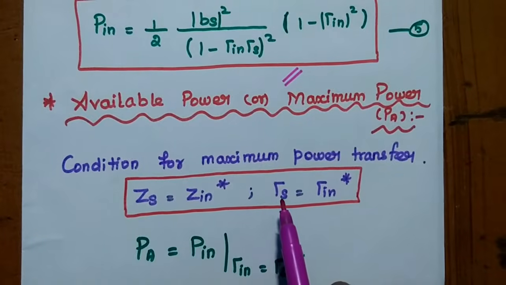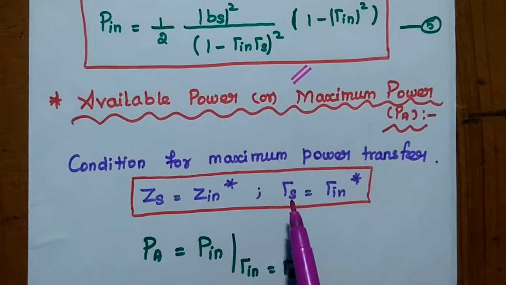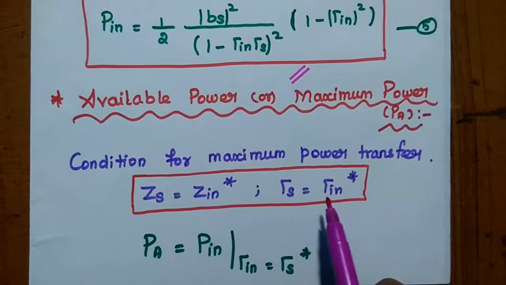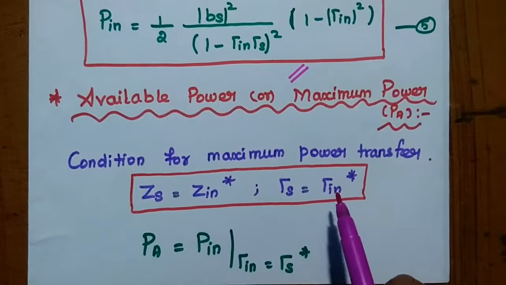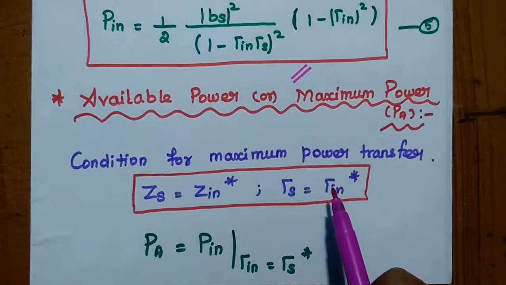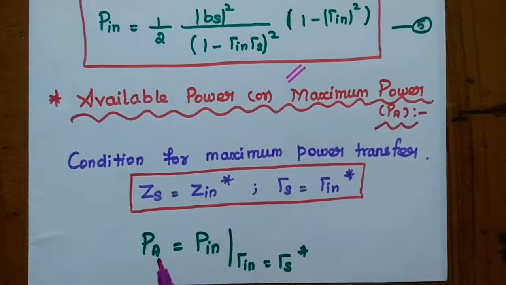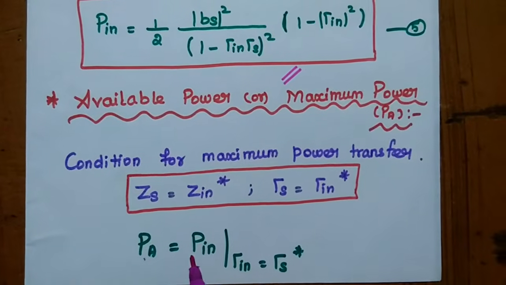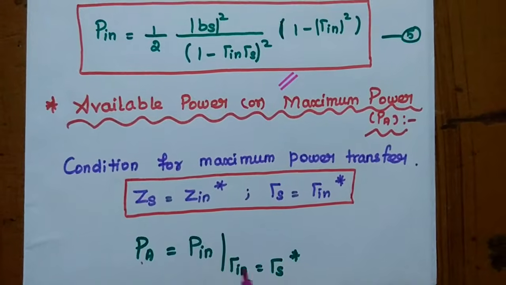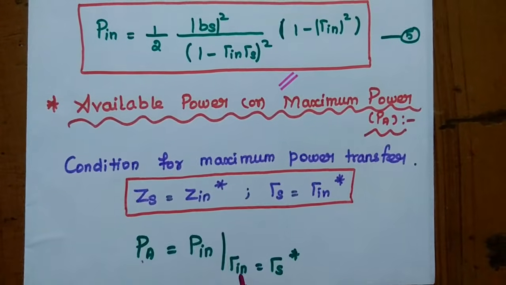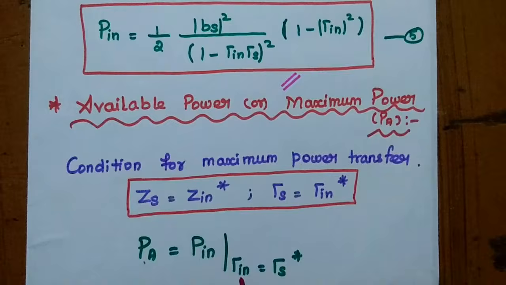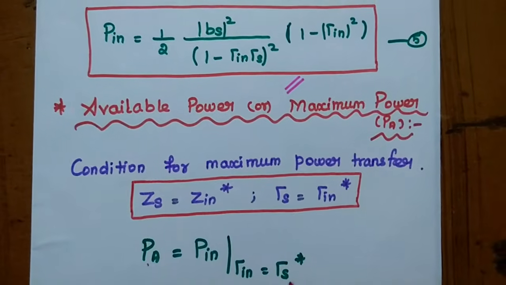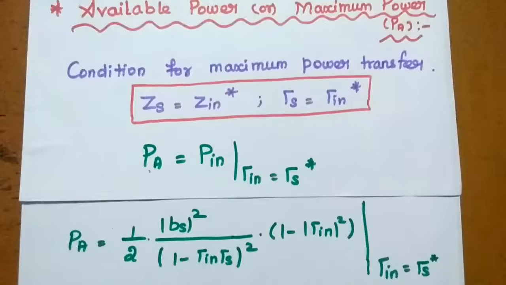The same holds for reflection coefficients also: the source reflection coefficient gamma s is equal to the conjugate of the input reflection coefficient. So we can obtain available power or maximum power when gamma in, the input reflection coefficient, is equal to the conjugate of the source reflection coefficient.